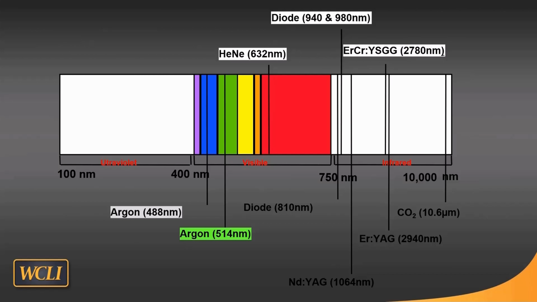So as we move into the visible spectrum, we see that there are a couple wavelengths in the blue and in the green where argon lasers exist. And traditionally, like back in the olden days, actually it's probably been about 15, 20 years ago, there was an argon laser that was used to polymerize composite materials, but because these wavelengths are so specific, it didn't always match up with the photo initiator within the composite, and then if it wasn't exactly right on, then the composite didn't cure.